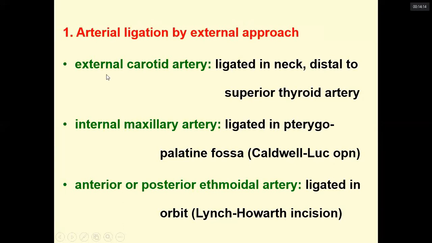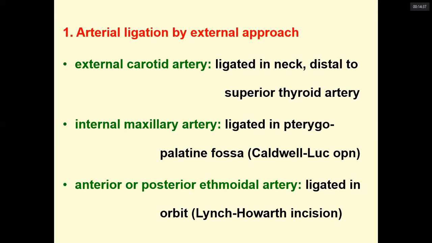So the external carotid artery is ligated in the neck, distal to the superior thyroid artery. You know that the first branch is the superior thyroid artery. We do not ligate below it, but just above it, beyond the bifurcation of the internal carotid artery and the external carotid artery, because the external carotid has so many branches.